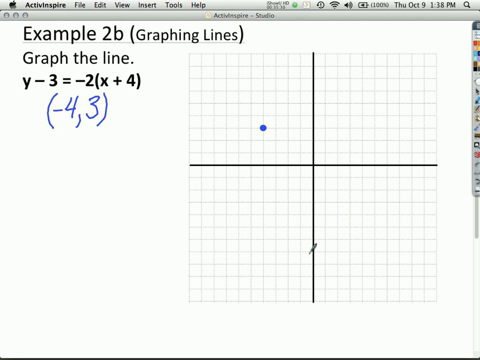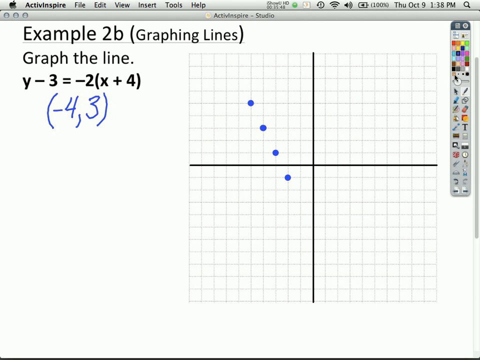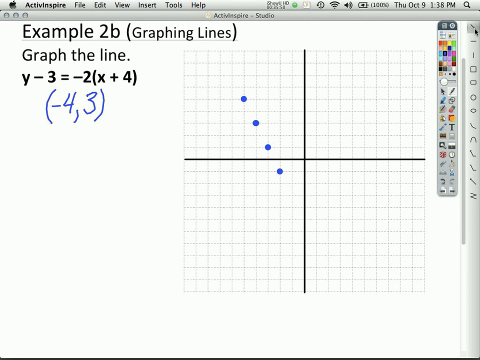And then we do exactly what Valerie explained in slope-intercept form. We use the slope. This time it's -2 or -2/1. Down 2/1, put a point. Down 2/1, put a point. Or go up 2 to the left, put a point. And then connect the dots.